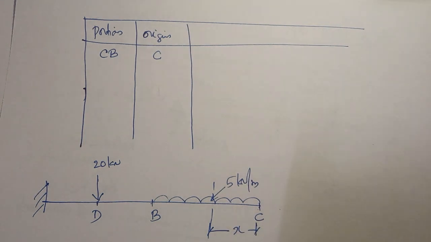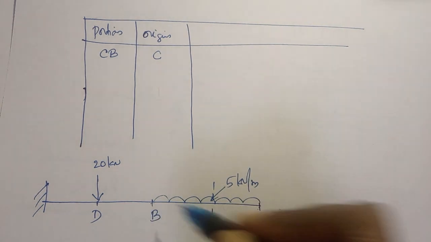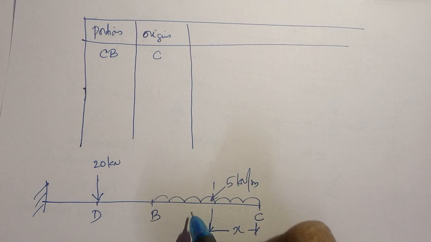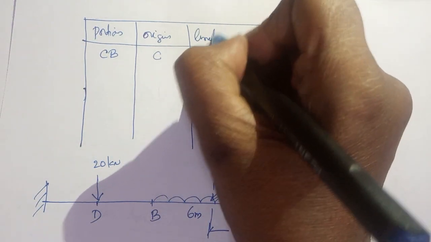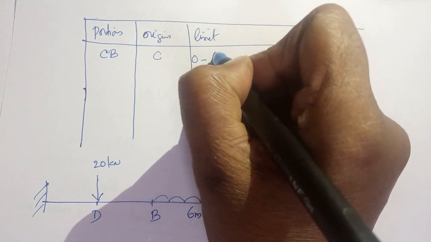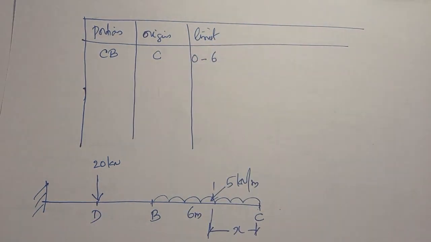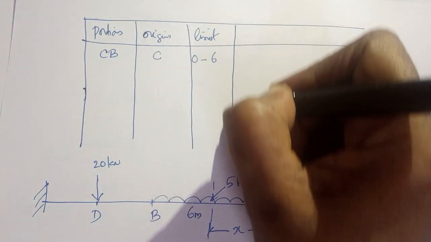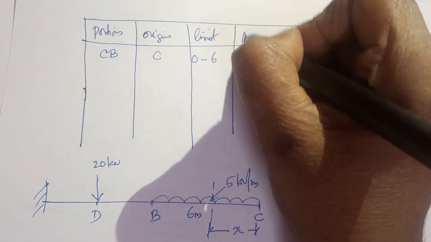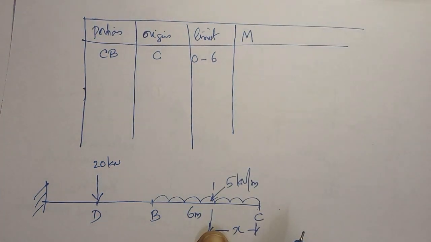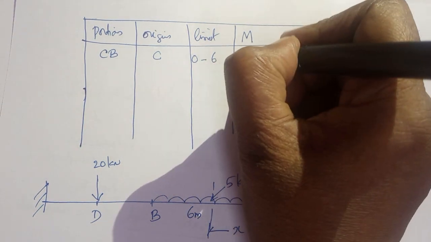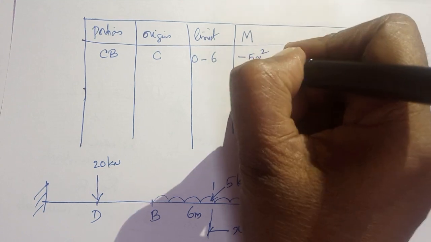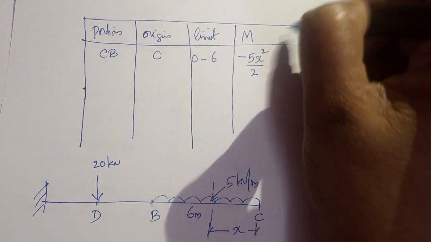Portion CB is 6 meter, so the limit is 0 to 6. Now write the expression for bending moment. Considering the right of the section, it is 5 into x by 2. Being a hogging moment, we put a negative sign.